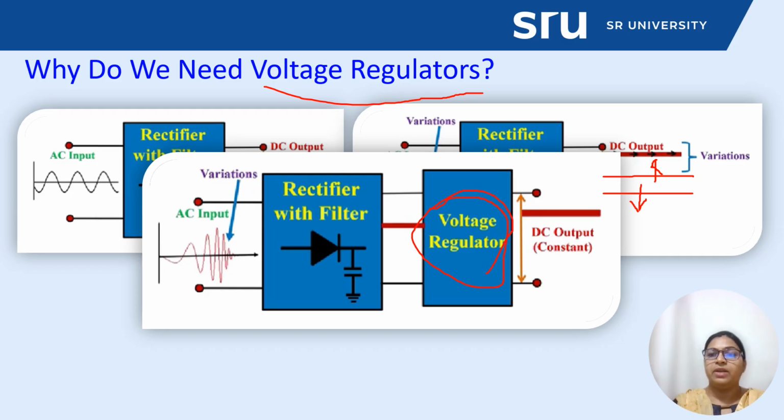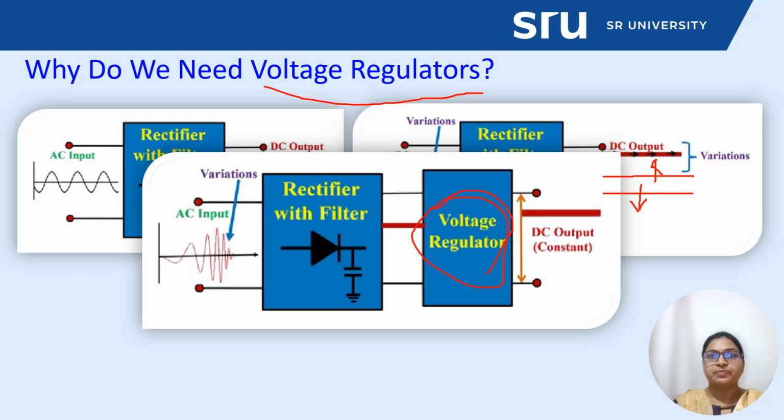This will help you in many ways: it will extend the lifespan of the device, handle the fluctuation, ensure stable and reliable performance, and greatly protect from the fluctuation of the input power.